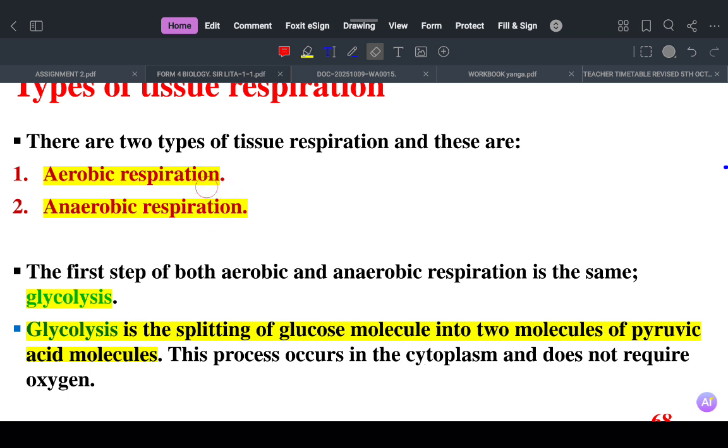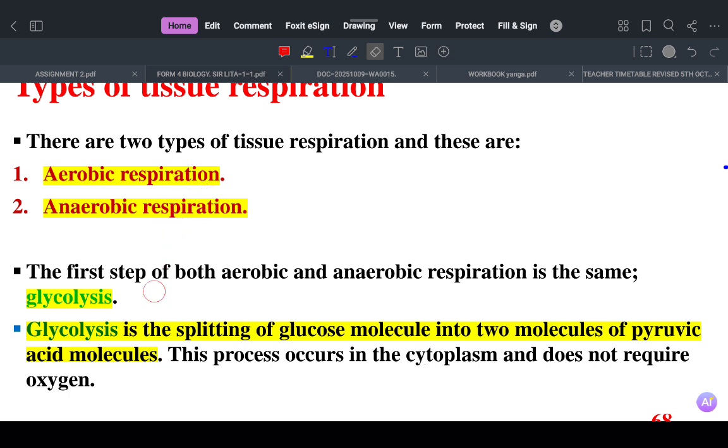As we discuss, also be on the lookout for differences as well as similarities, because these are the areas where your examiners will test you. Your examiners will check your understanding of the processes involved in each type of tissue respiration, and also whether you understand the difference between the 2 as well as the similarities.